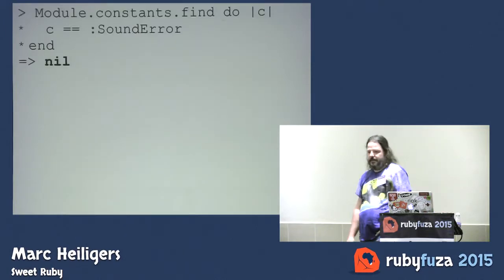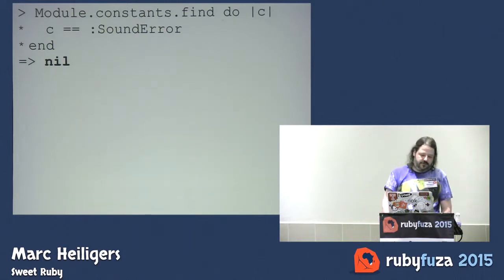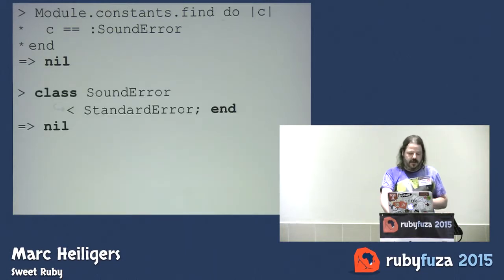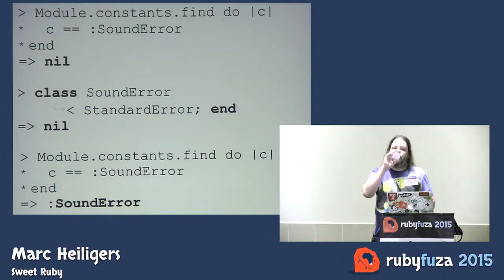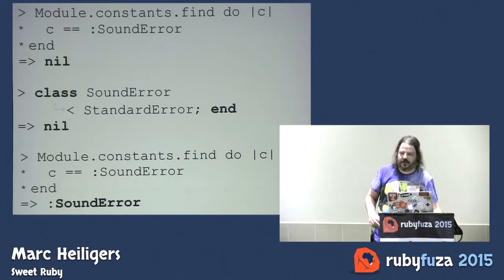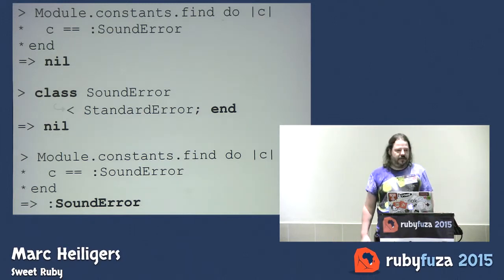Classes are a little different. So if we look for a constant in the module, we won't find it. When we define the class and we look again, the class itself doesn't return a value, but what it does do is set a constant, which is pointing to the instance of that class.